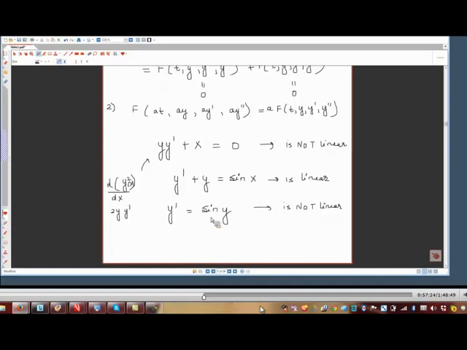So that's also not linear. Whenever you have a y prime term or sine of y, where y is an unknown function, they are not linear equations. But here you have sine x, and x is an independent variable, so it's perfectly fine. If I put x here, it is still linear. The moment I put y here, it's not. If I put y square here, it's not linear. So these are small hints to understand when it is linear and when it is not.